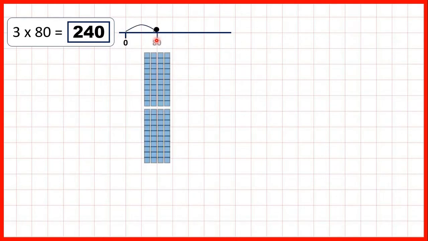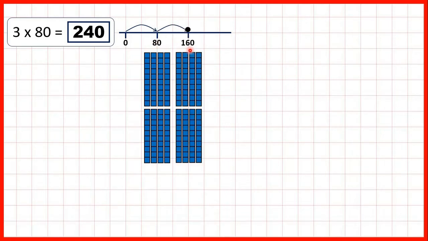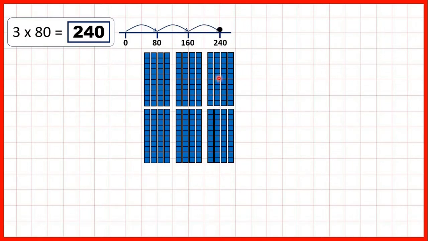We have 80, so instead of 8 ones, because 80 is 8 tens, we can show 8 tens below what we jump each time. Then the next multiple of 80 is 160, but because we wanted 3 times 80, we needed to make a third jump, and that gave us 24 tens altogether.